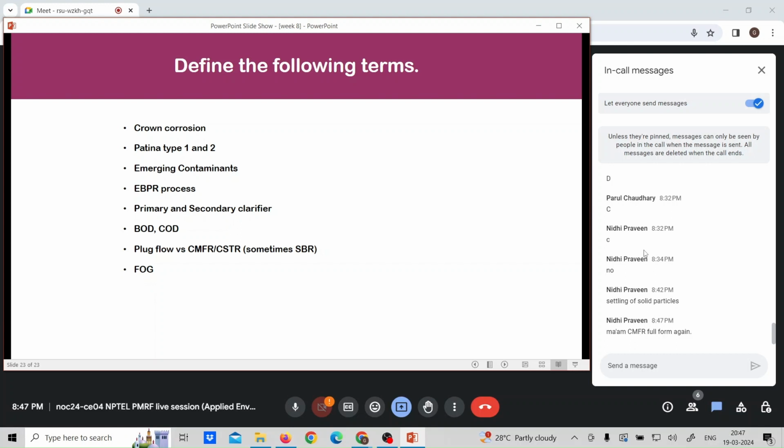What does FOG stand for in the context of wastewater treatment? CMFR stands for completely mixed flow reactor.